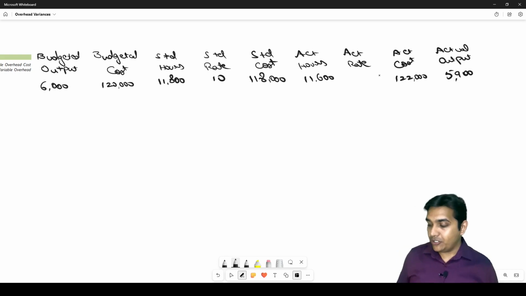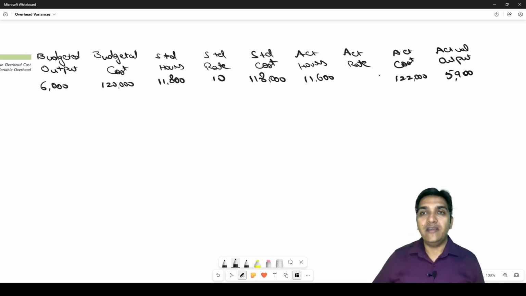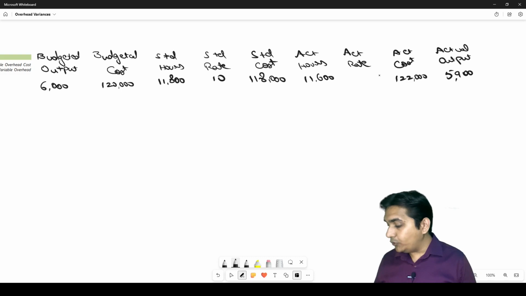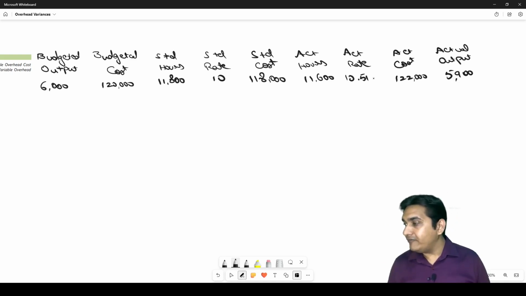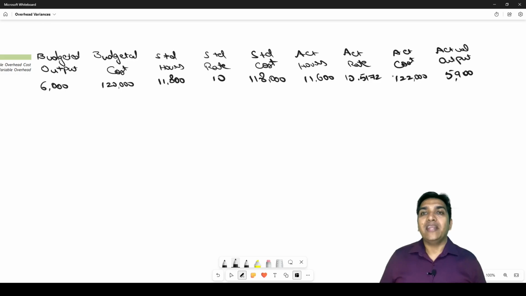Next, coming to actual rate, we have our actual cost, we have our actual hours. So we have to just divide our actual cost by actual hours, which is 1,22,000 divided by 11,600. We get 10.5172, right?